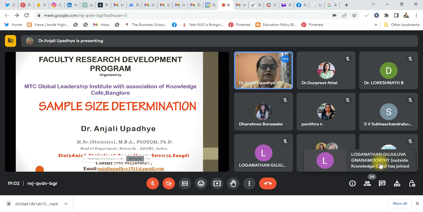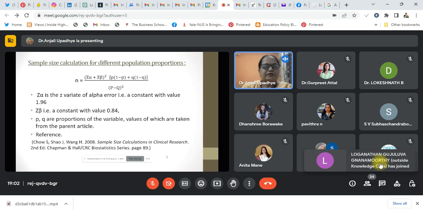So now yesterday we said that there is one formula: suppose there are two comparative, different populations, to calculate the difference in population proportions, what formula are we going to use.